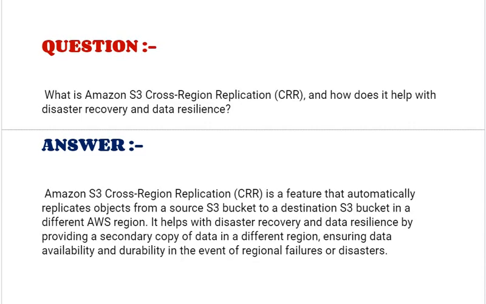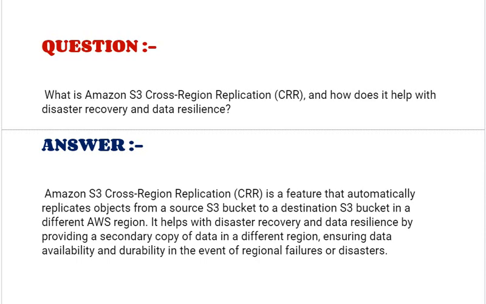Our next interview question is: what is Amazon S3 cross-region replication (CRR) and how does it help with disaster recovery and data resilience? Your answer should be: Amazon S3 cross-region replication (CRR) is a feature that automatically replicates objects from a source S3 bucket to a destination S3 bucket in a different AWS region.